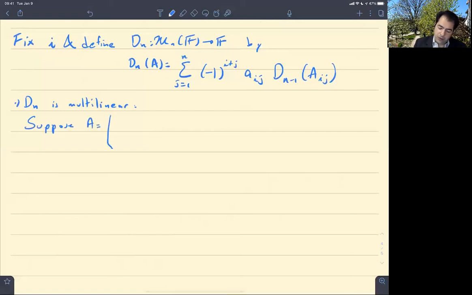So let's say you have a matrix A with columns alpha_1 through alpha_n, and say that one of those columns is a linear combination of two vectors, call them beta and gamma. Here, beta and gamma are vectors in F^n, and e is just a scalar.